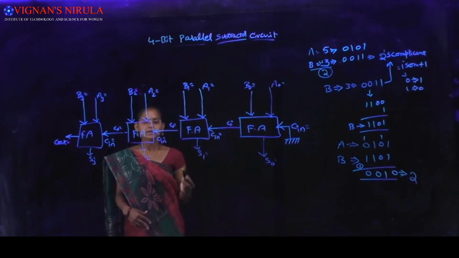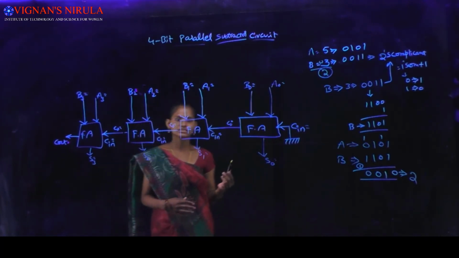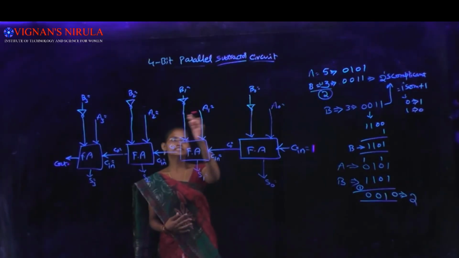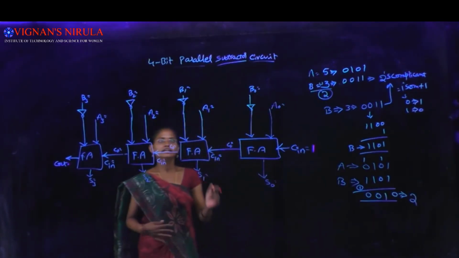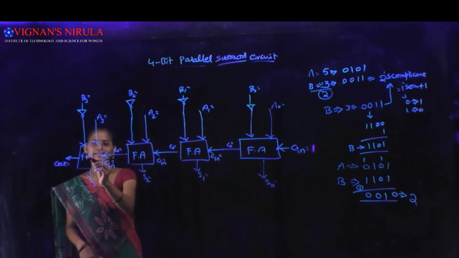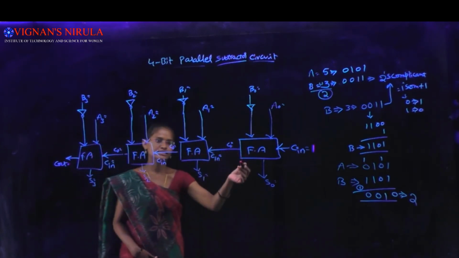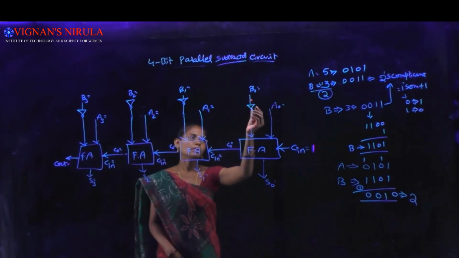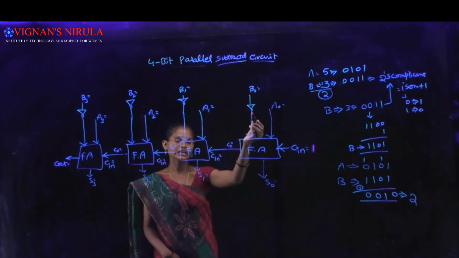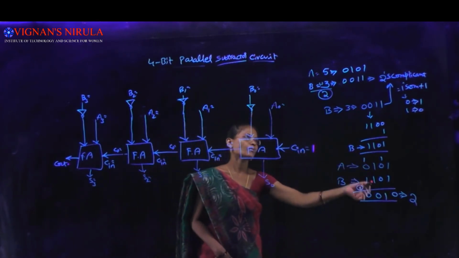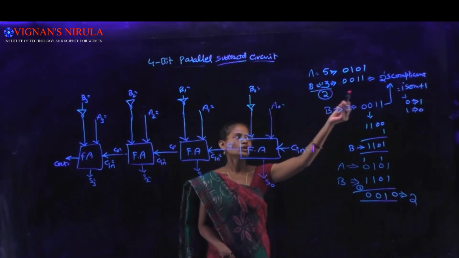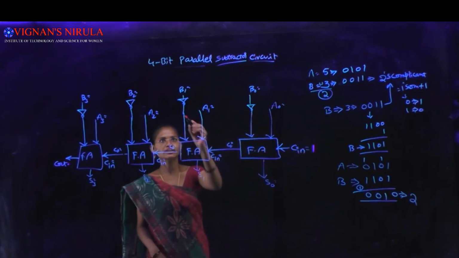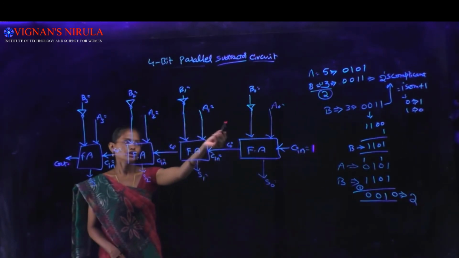4-bit parallel subtractor circuit. Okay, the 4-bit subtractor circuit. Here also we are taking the 4 full adders, but the B bit is passed through a NOT gate. In the mathematical operation, the B bit is considered in 2's complement form. That's why here I am taking the NOT gate.